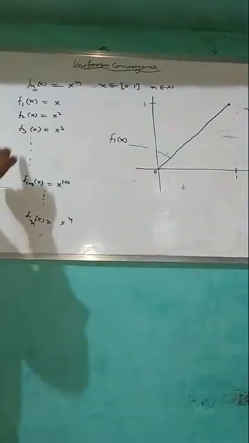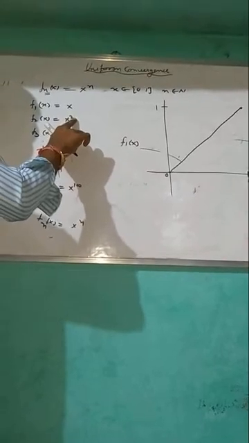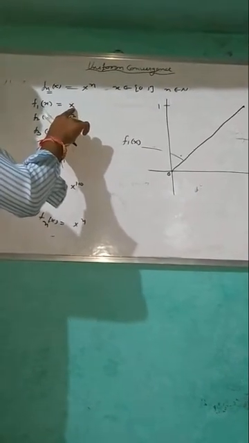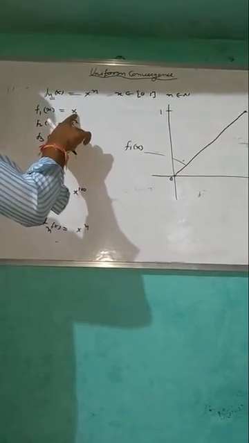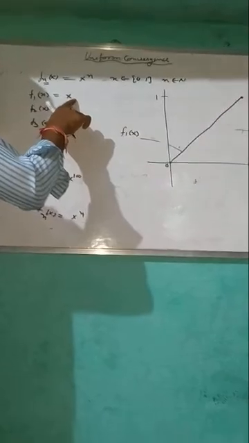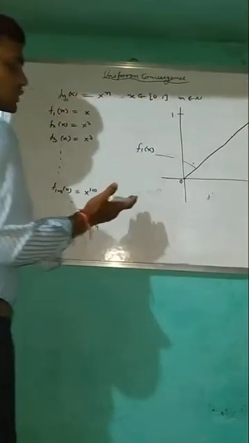Okay, similarly f2(x), x square. When we put x equal to 1, x equal to 2, x equal to 3 and so on, then this is the graph of a straight line passing through the origin.